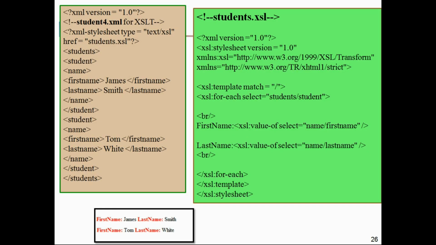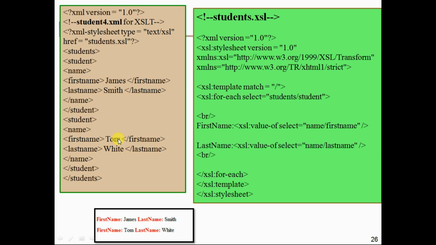Let's see it in a practical way also. Just now I took another example. I created one XML program which has students information. Students is the root name. In that, a student will have a name divided into two categories, first name and last name, and another person is there called Tom White, with first name and last name.